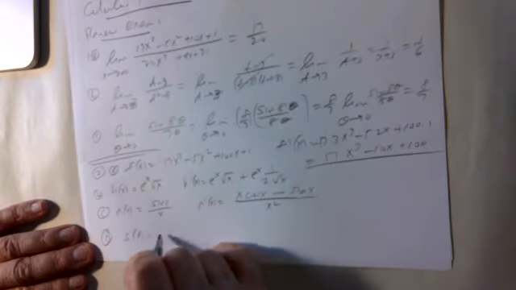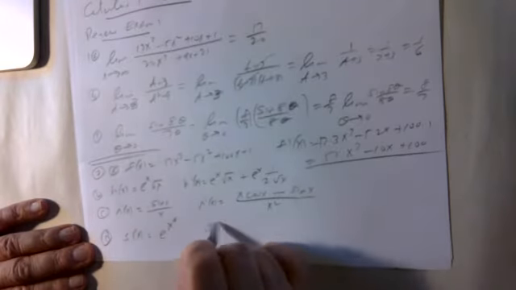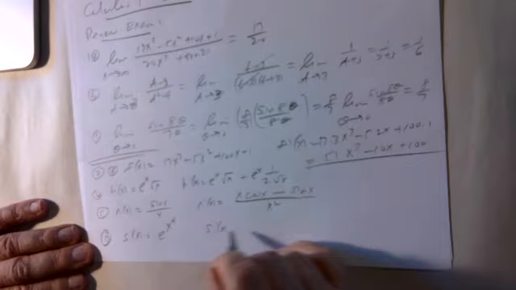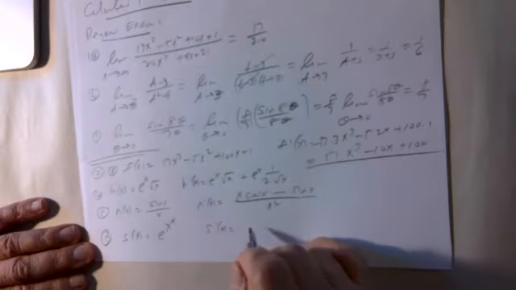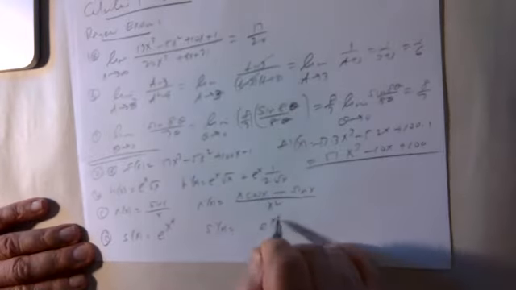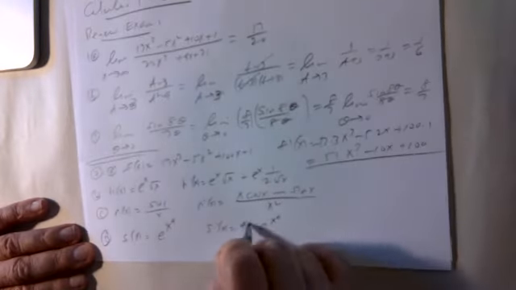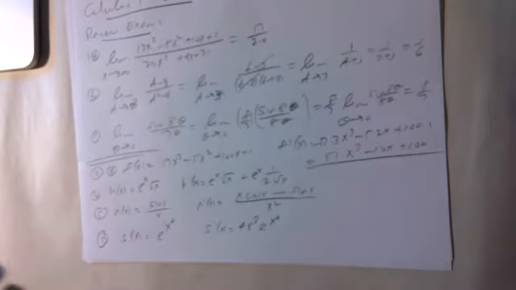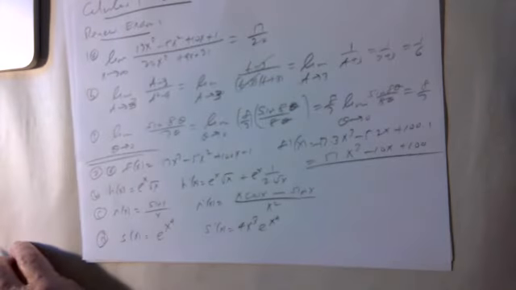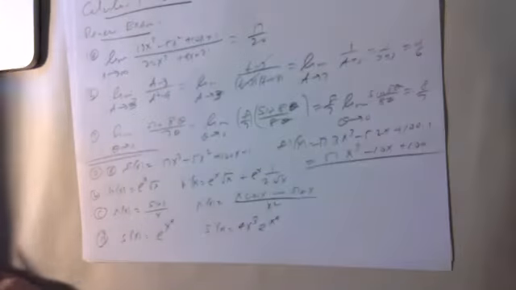And part D, we use the chain rule, e to the x fourth. The derivative is e to the x fourth times the derivative of x to the fourth, which is 4x cubed. Okay. Any questions about this so far?